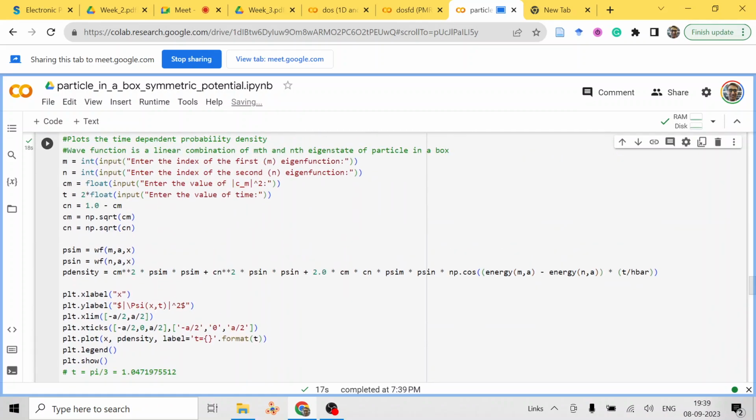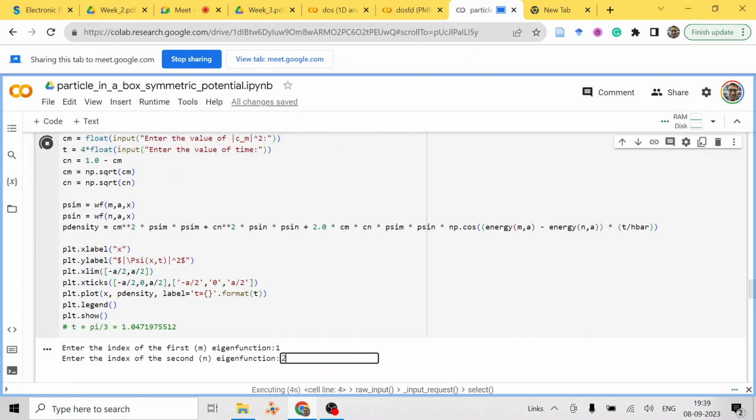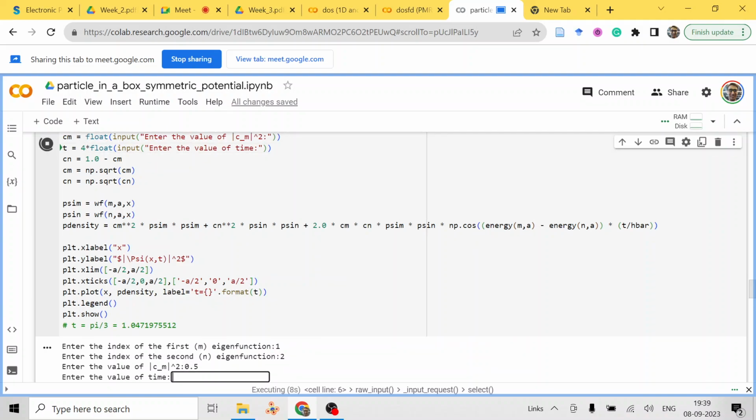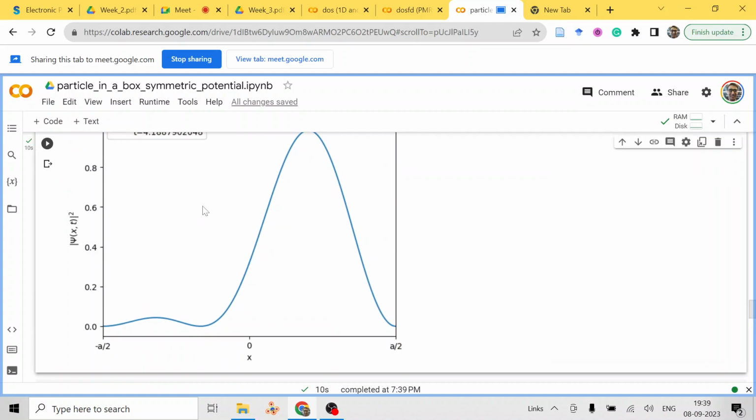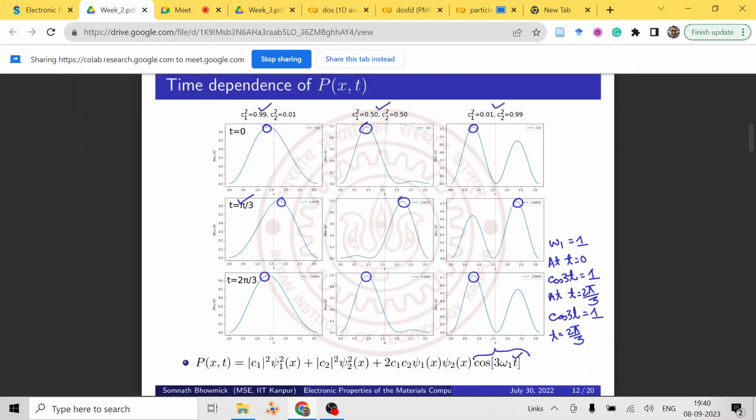And if I do t equals 4 pi by 3, alright, now it is back here. So the time period has changed to 4 pi by 3, while earlier the probability density came back to its position after 2 pi by 3 only.